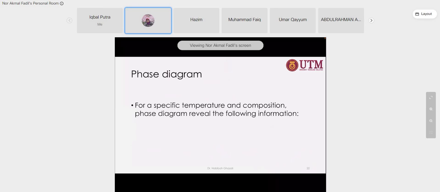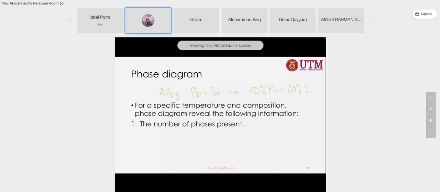For a specific temperature and composition, a phase diagram reveals information such as the number of phases. Just now we talked about alloys in general, but for a particular alloy, for example, lead plus tin, with 40% lead and 60% tin.